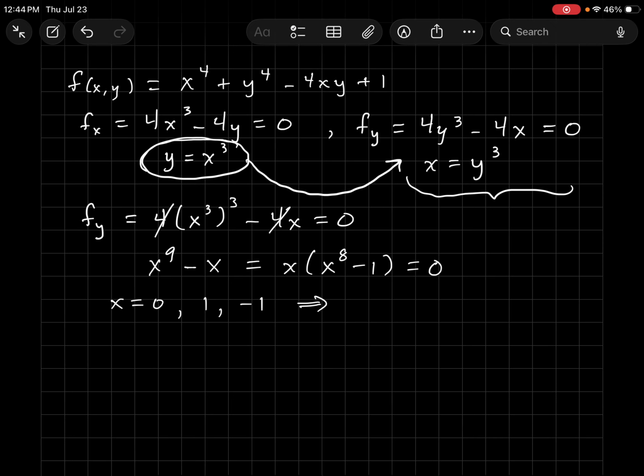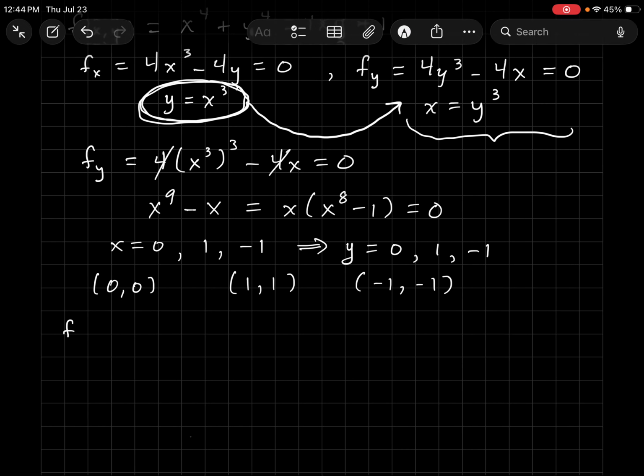We can now find the y's that correspond by using this here. So correspondingly, we get y equals 0 when x equals 0, y equals 1 when x equals 1, and y equals negative 1 when x equals negative 1. So we have 3 critical points: (0, 0), (1, 1), and (negative 1, negative 1). So we need to check each of these individually.